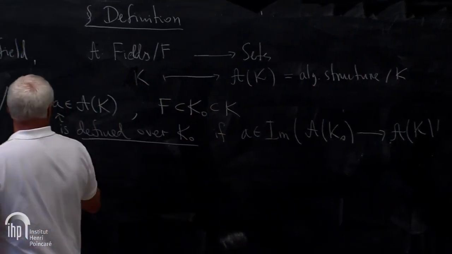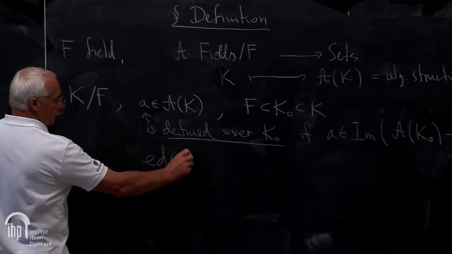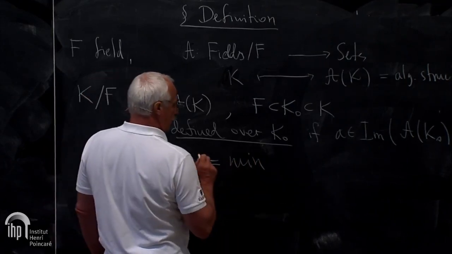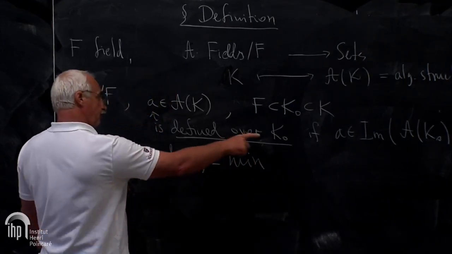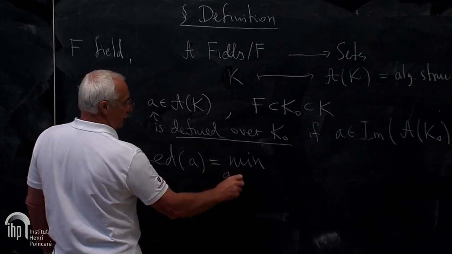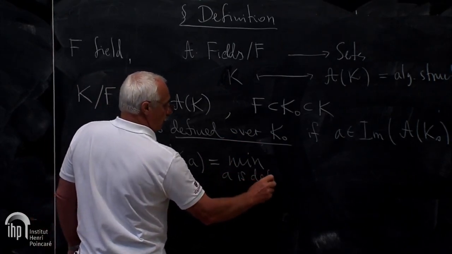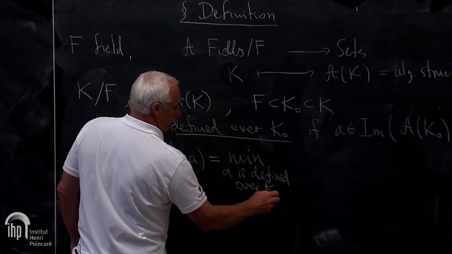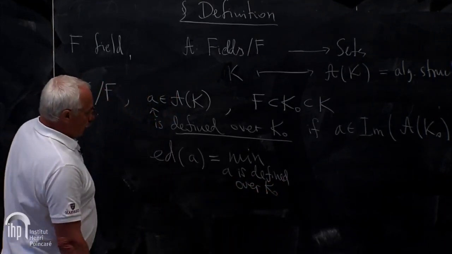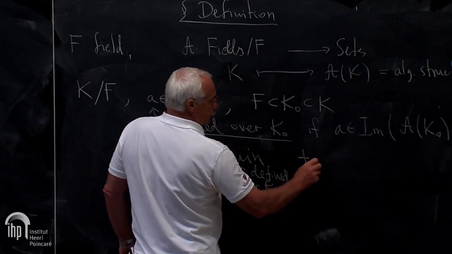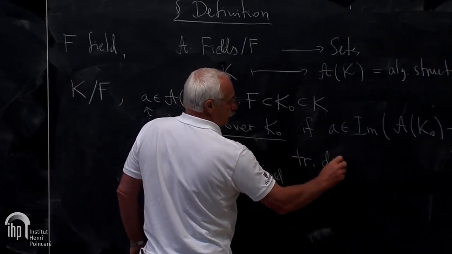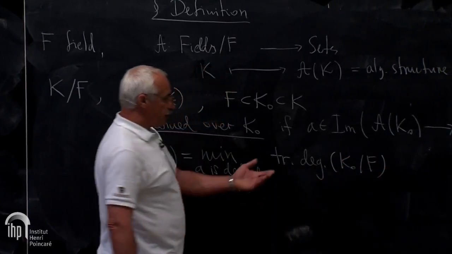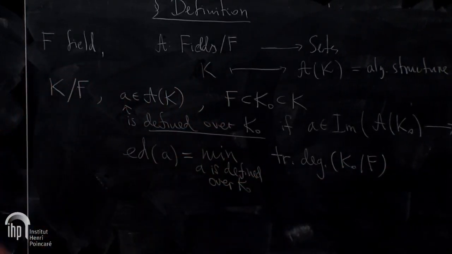And then the essential dimension of that element A is the minimum, over all fields K0 so that A is defined over K0, of the transcendence degree of K0 over F. So we measure the complexity of the field by the transcendence degree of that field.